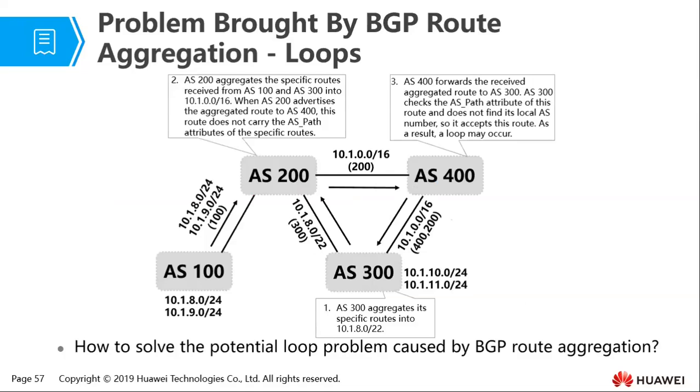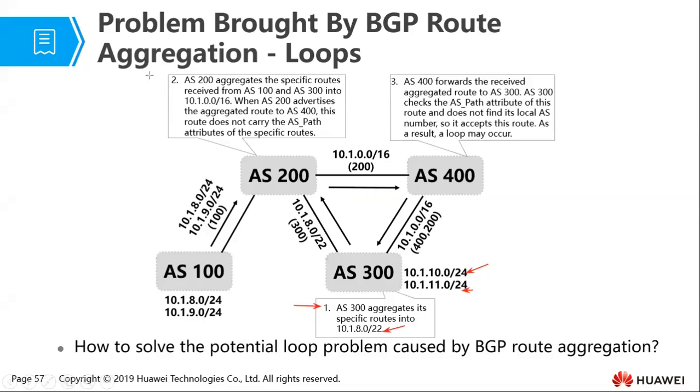So routing problems brought about by BGP route aggregation. One of the problems is loops because when we aggregate routes, let's look at this scenario. So number one, AS300 aggregates its routes into, so these two routes are aggregated into this.